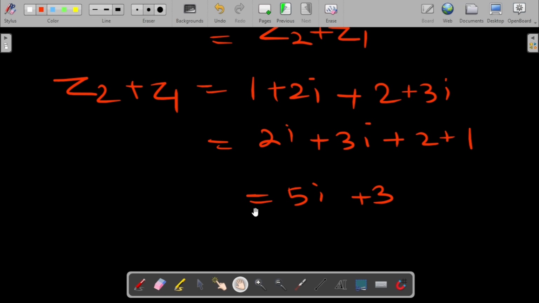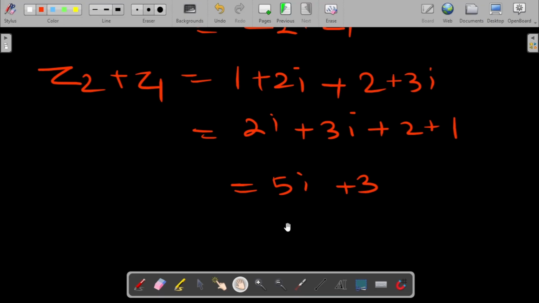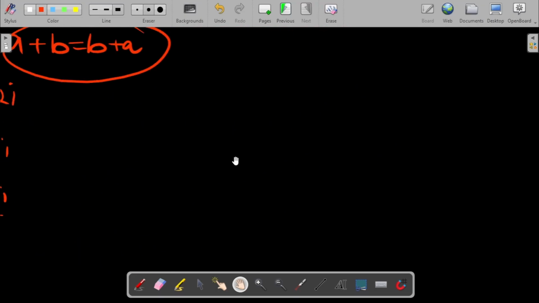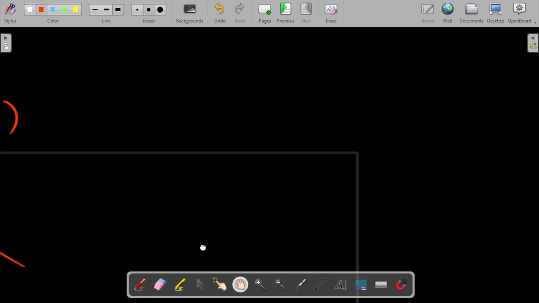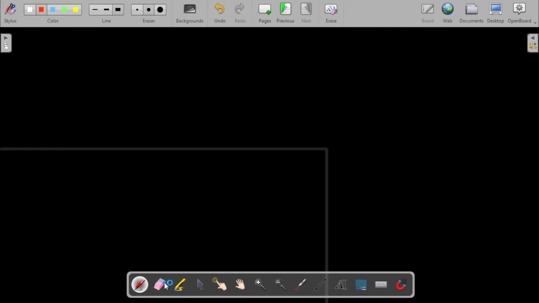Next is the associative law. Complex numbers also satisfy the associative law. The third property is the associative law.